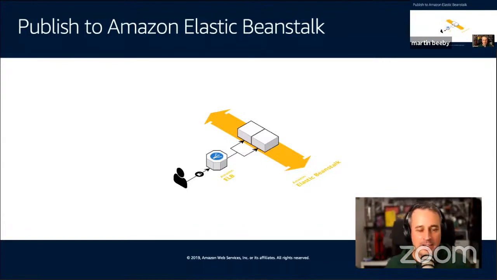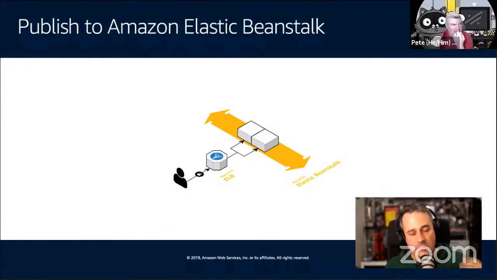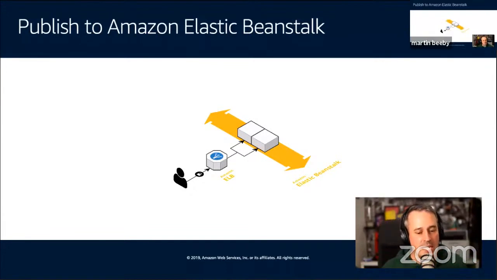But the blue one, you can publish to that blue one, or you can publish to the orange one, which is Amazon. And generally, it will publish to Elastic Beanstalk. So right click, publish to Elastic Beanstalk. It will package up your application inside of Visual Studio and publish it to the service. And if you do that, it's all going to work.